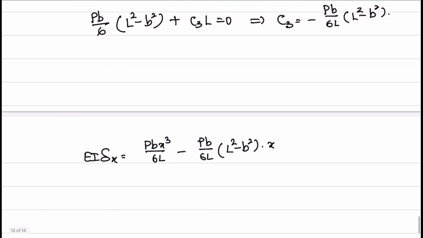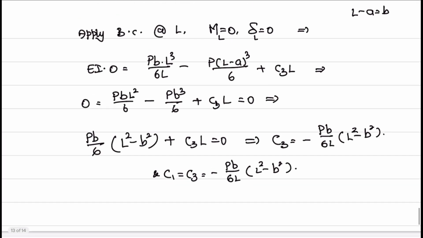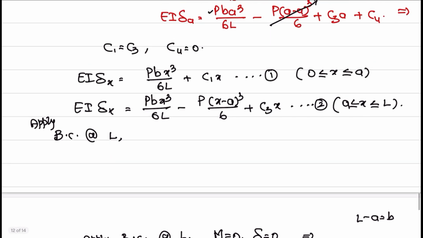C1 and C3 are same, and C1 is equal to C3. We have already shown previously, 6L into L square minus B square. This is one equation between 0 less than or equal to x less than or equal to a. EI delta x for the other portion, C4 is 0.